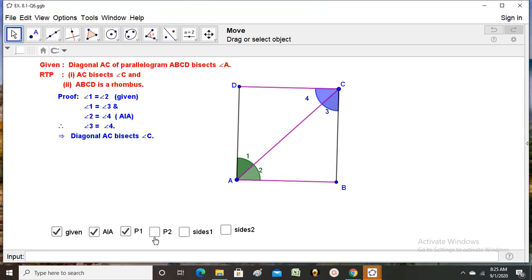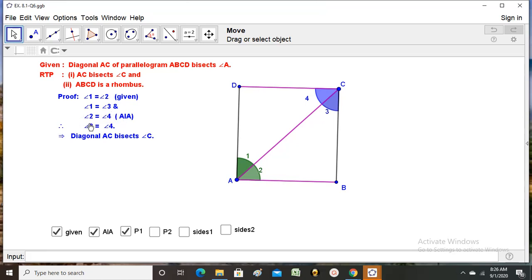Did you observe this one? Yes or no? Yes, sir. Very good. So we have alternate pairs of angles equal here. 1 equal to 3, 2 equal to 4. Now observe these 3 statements here. Angle 1 equal to angle 2, angle 1 equal to angle 3. That means angle 2 and 3 are equal. We also know that 2 and 4 are equal.